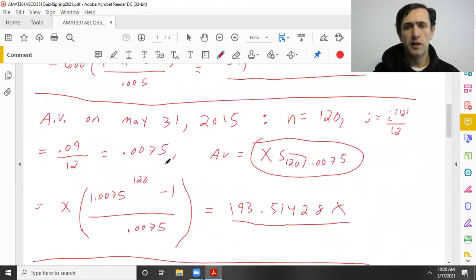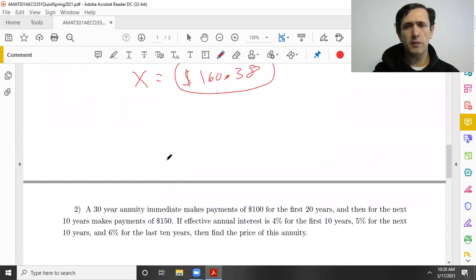So, all right. For the next problem, we have a 30-year annuity. I don't know if I made this clear. If I didn't, then I'm absolutely making this clear now. When I say a 30-year annuity, it's implied that we have yearly payments.